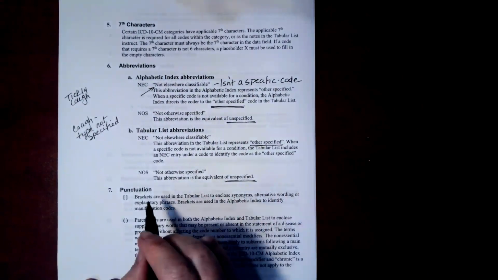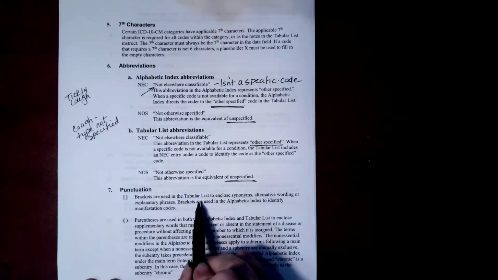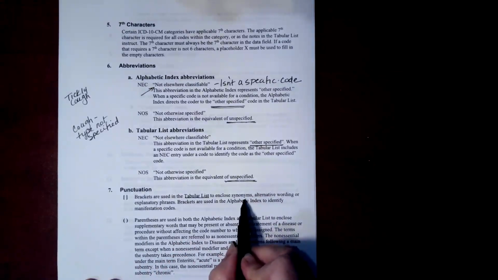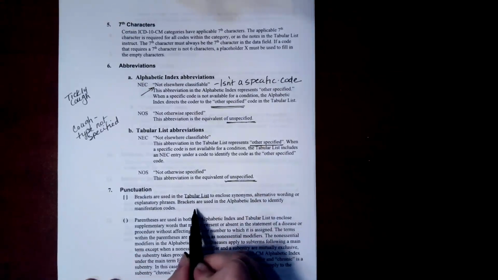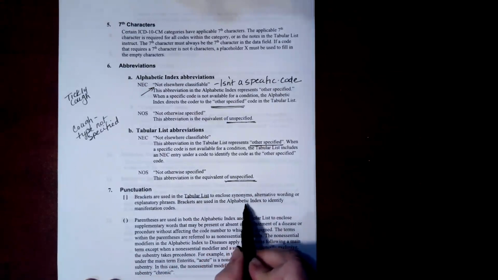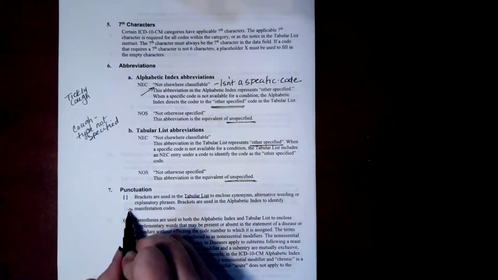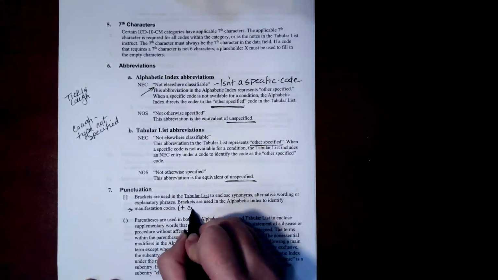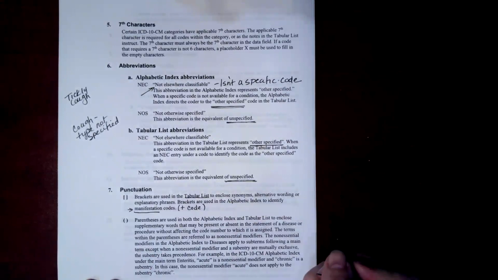And the first punctuation talks about these parentheses here. These brackets. The brackets are used in the tabular list to enclose synonyms, alternative wording, or explanatory phases. Brackets are used in the alpha index to identify manifestations. And when we see manifestations, it might mean that we need to add an additional code to describe those manifestations.